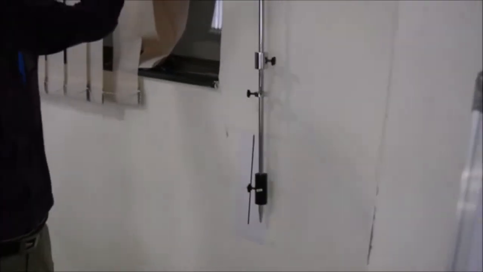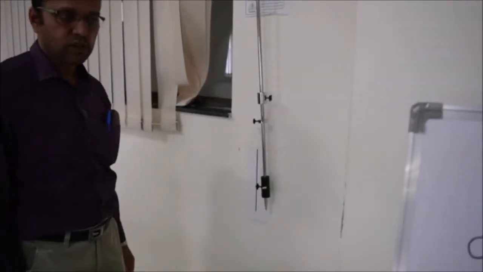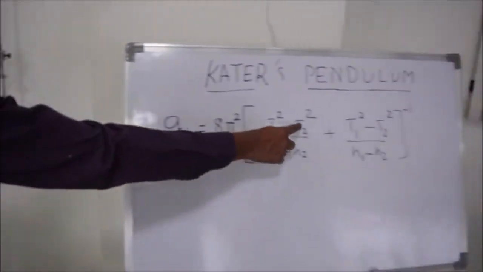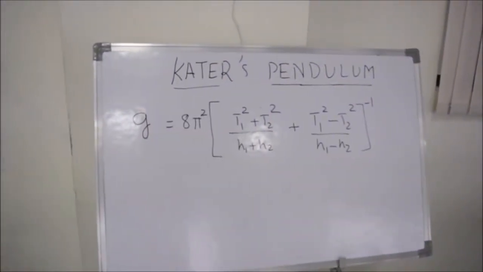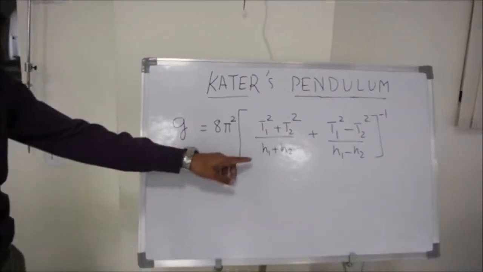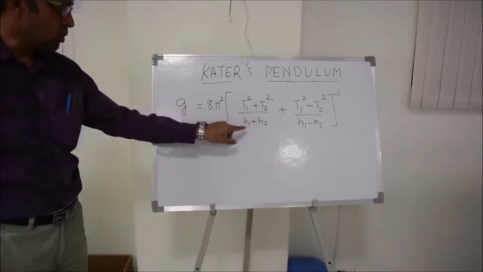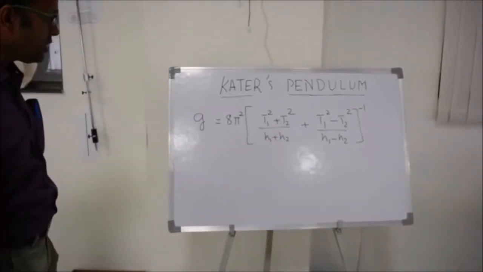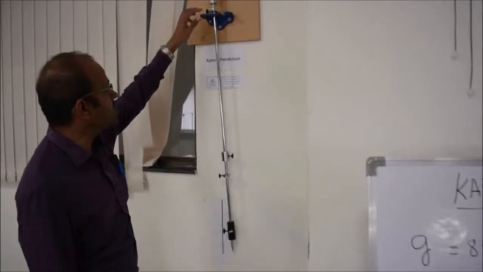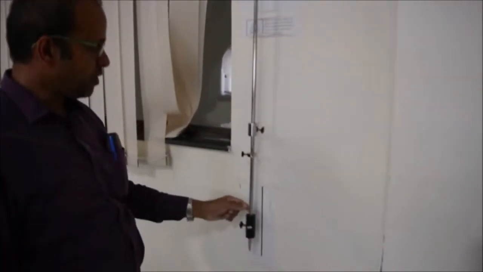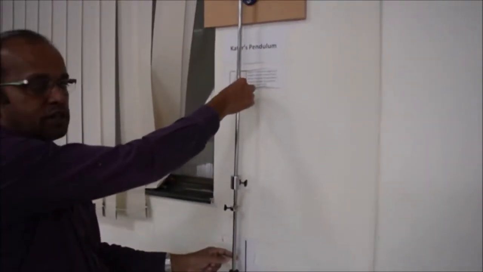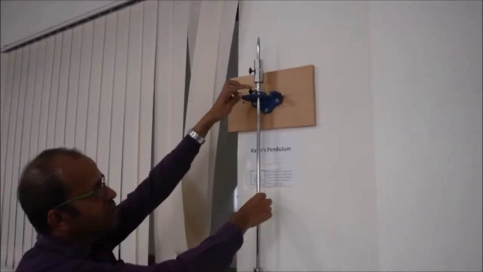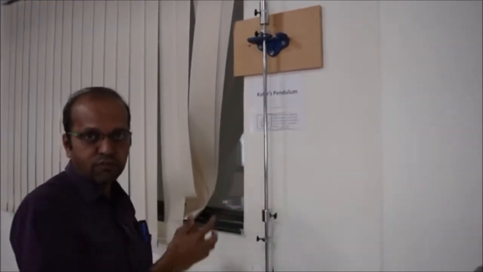The time period for oscillation about the other pivot is t2, which is what appears in this expression. Now you also see that there is an h1 and h2. What are h1 and h2? h1 is the distance from the first pivot up to the center of mass, and h2 is the distance from the other knife edge to the center of mass.